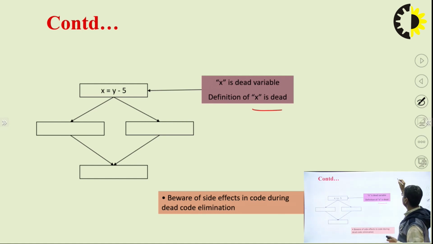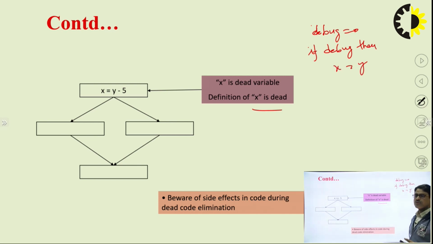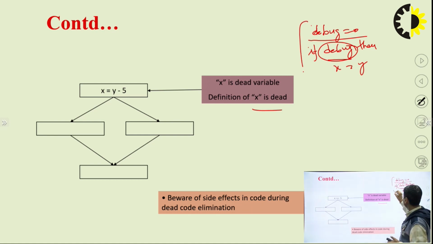In a simple example, suppose we put debug equals 0, and we write if debug then x equals y. Because we have already given debug the value 0, if debug can never be true in any execution, so this is dead code.